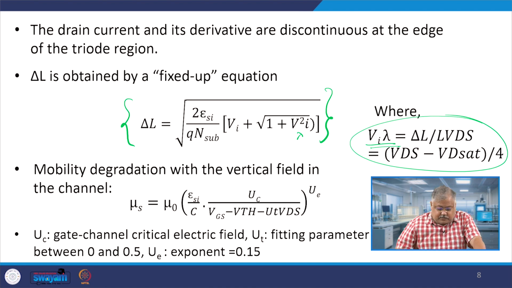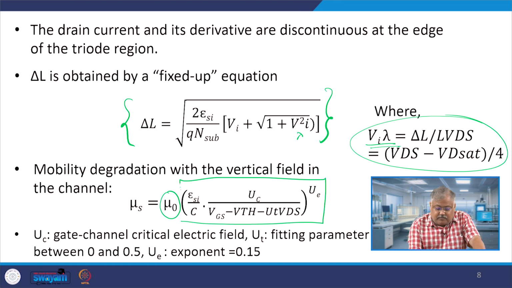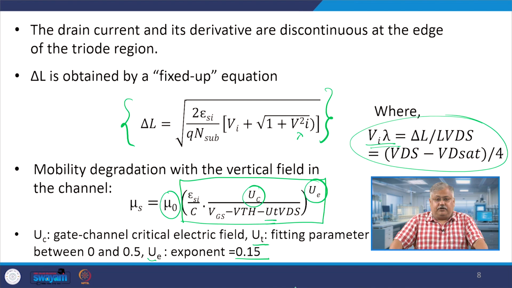And if you look at this expression here, mu 0 is basically my low field mobility, and there is a correction term which is being introduced in the level model, which takes care of the reduced mobility because of the large electric field available to us, where ut is basically a fitting parameter between 0 and 0.5, and my ue is again an empirical formula of 0.15, right, and uc is basically my gate to channel electric field, or even you can write as ec.